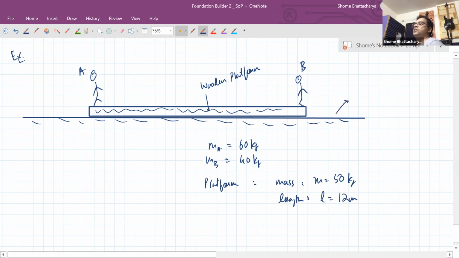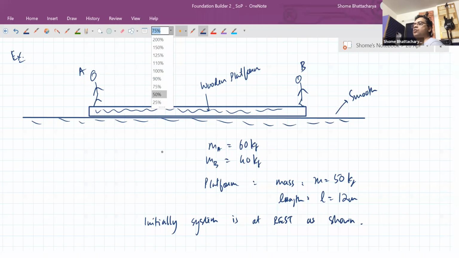Okay. Now this is a perfectly smooth surface, whereas the surface of the platform is rough because otherwise the people would not be able to walk. Okay, so initially the system is at rest as shown. Okay. Now what happens is A and B start walking.